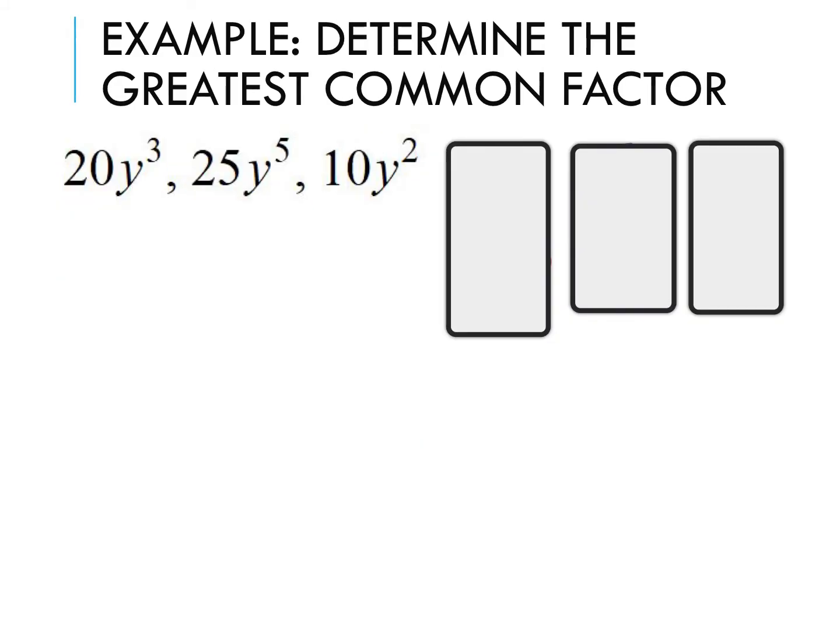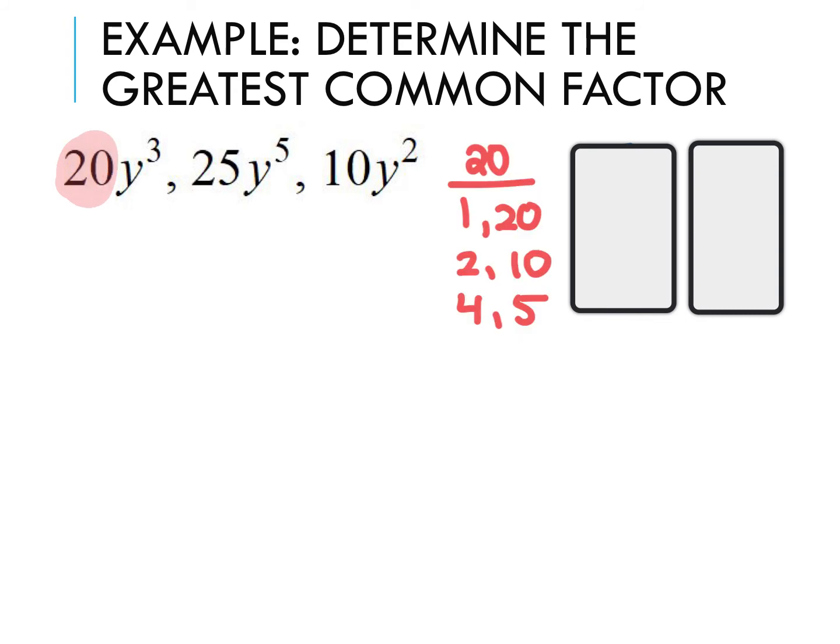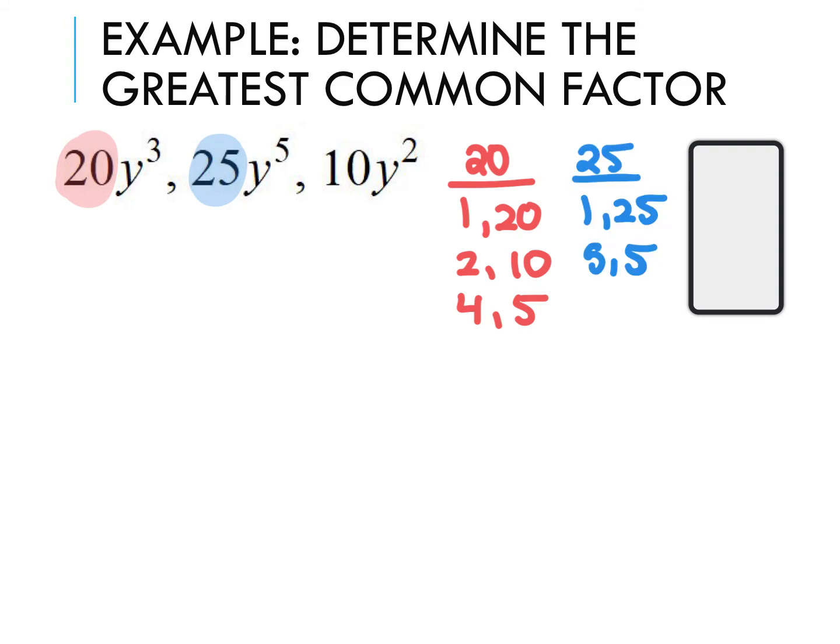In our last example here, I'm first going to consider my greatest common factor of each of these. So I list the factor pairs of 20. So I have 1 and 20, 2 and 10, and 4 and 5. Then I list the factor pairs of 25. So I have 1 and 25 and 5 and 5.